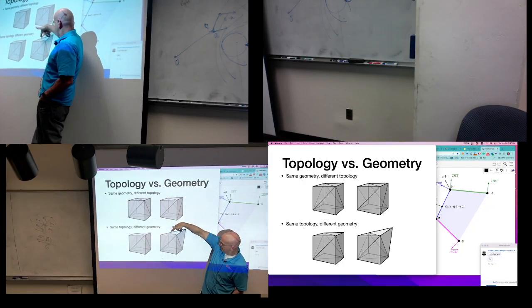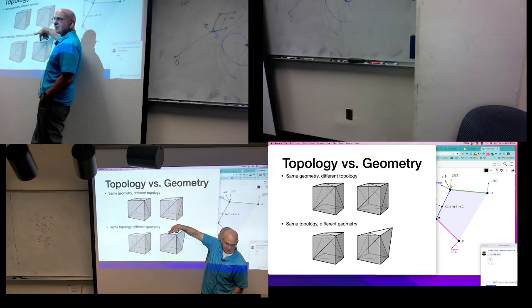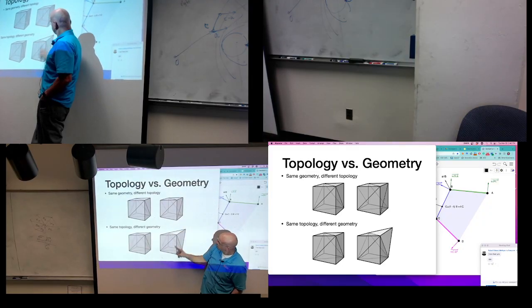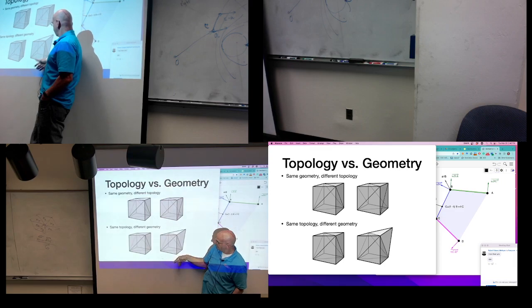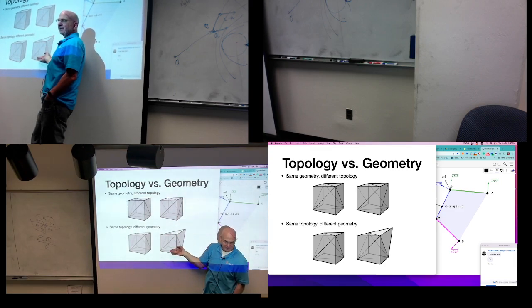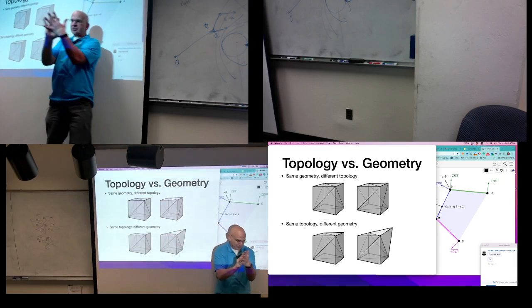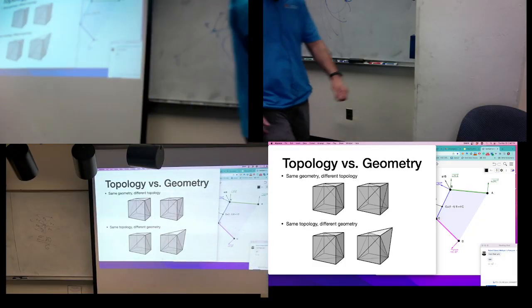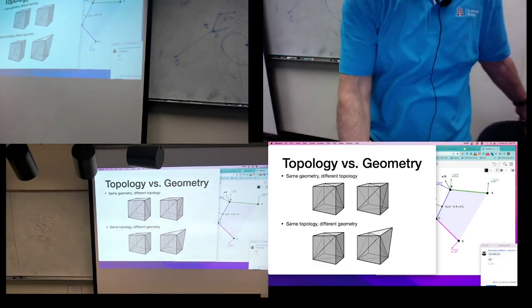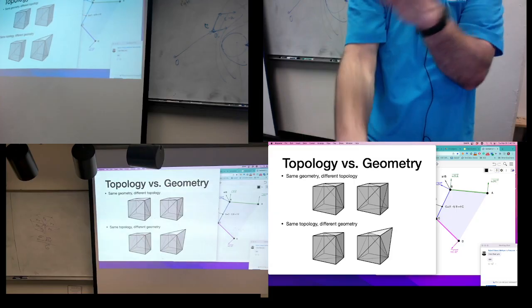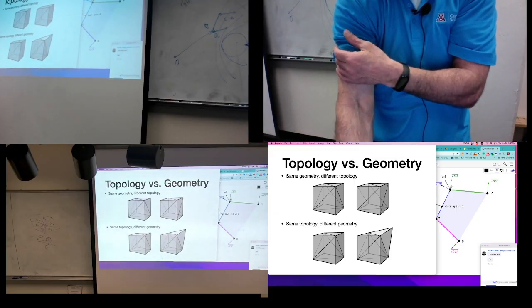The vertices could be arranged to be in exactly the same place, corners in the same corners, but a very different set of triangles, even though the vertices are the same, and very different topology. It's not sphere-like anymore. It has holes and handles inside.